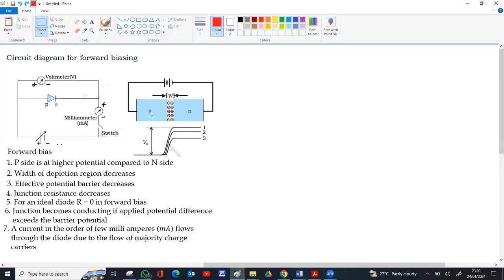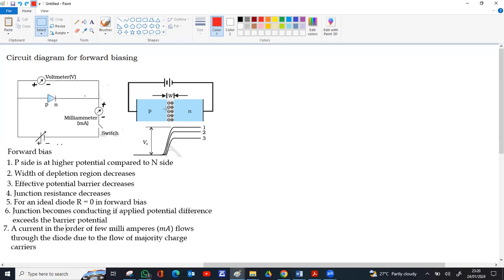Holes, which are majority on the P side, move towards the N side. Electrons, which are majority on the N side, start moving towards the P side. This process is called minority carrier injection. On the N side, free electrons are the majority, so holes are the minority.